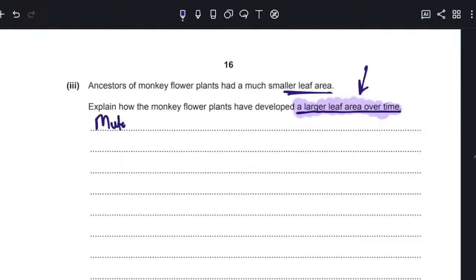mutation creates variation. You understand? Class of alleles. It was mutation that created this variation with the larger cell.